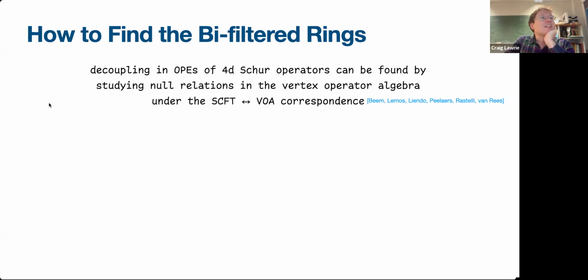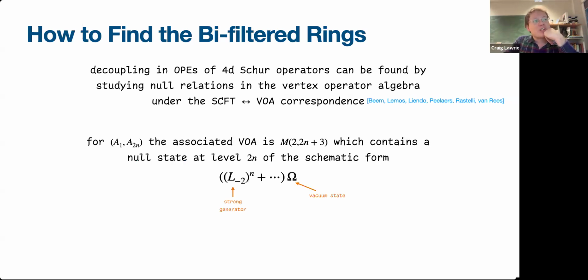So for A1, A2n, the associated VOA is the Virasoro minimal model M(2, 2n plus 3). This theory contains a null state at level 2n, which takes this form. This VOA has a strong generator, which is actually just the stress tensor. And you have this null relation that looks like you raise it to the nth power.